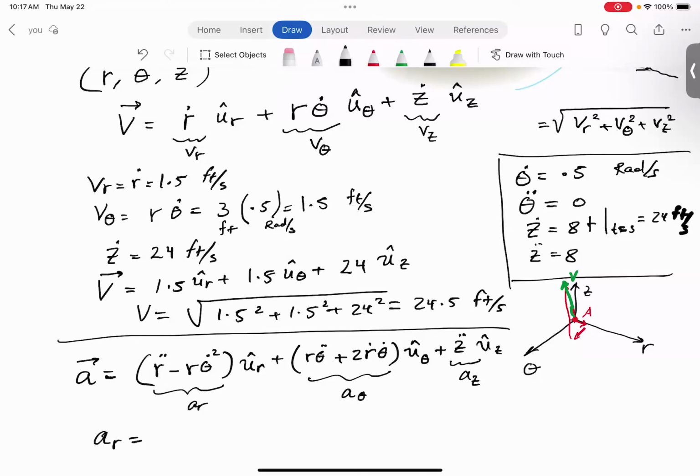So the radial r double dot is what? R double dot is 0. So I'm just plugging into this equation, right?